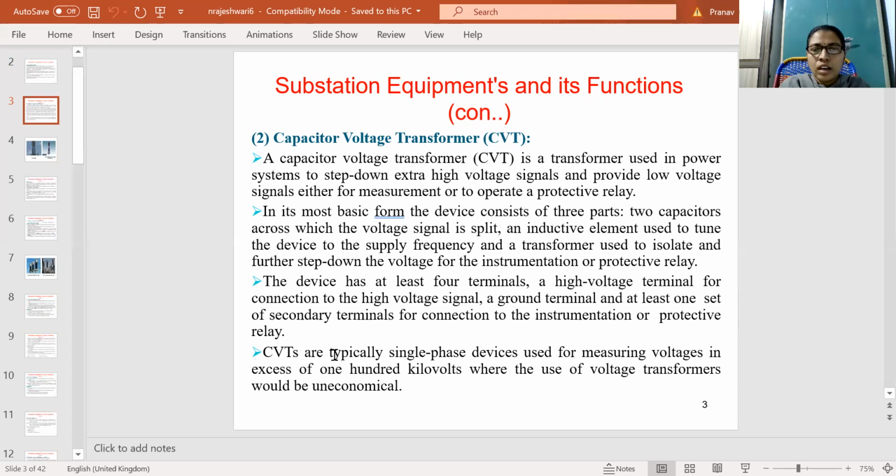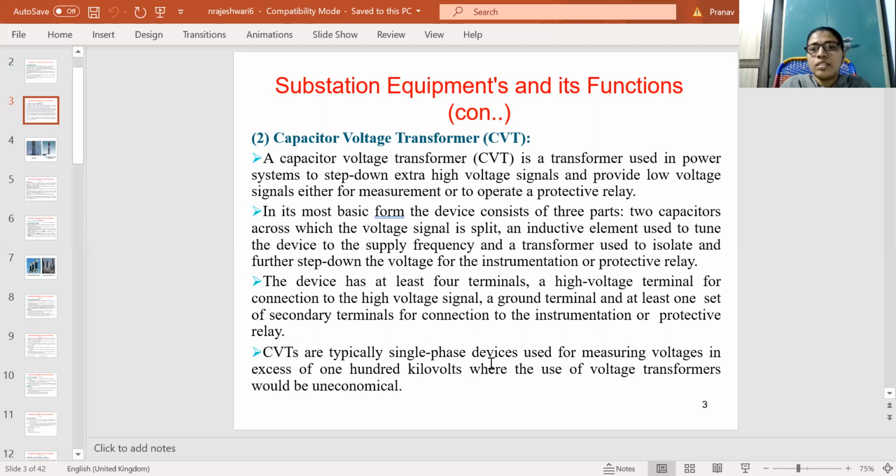CVTs are typically single phase devices used for measuring voltages in excess of 100 kilovolts, where the use of voltage transformers would be uneconomical. So above 100 kilovolts, voltage transformers would be uneconomical, and CVTs are used.